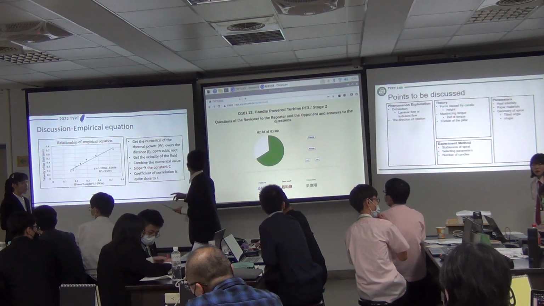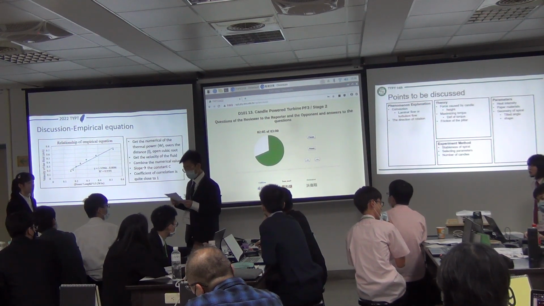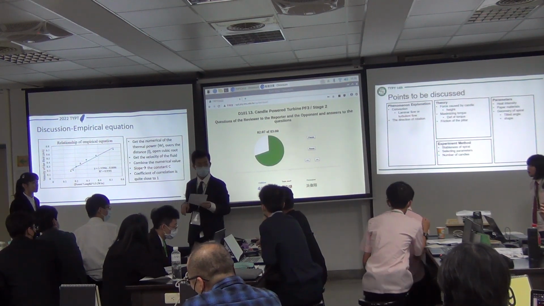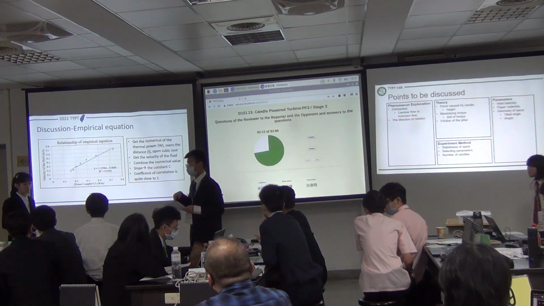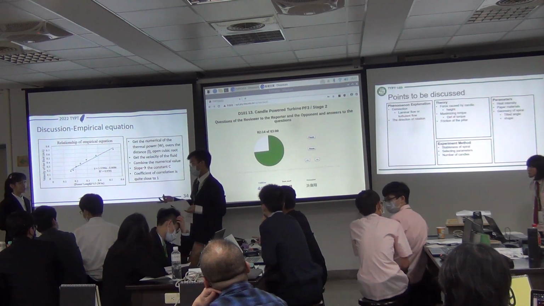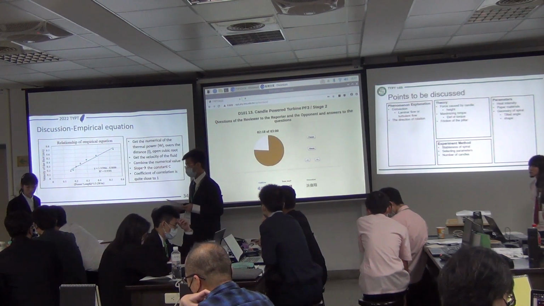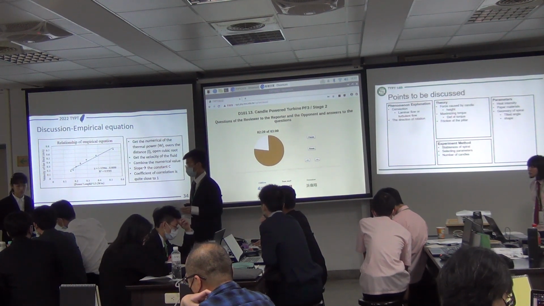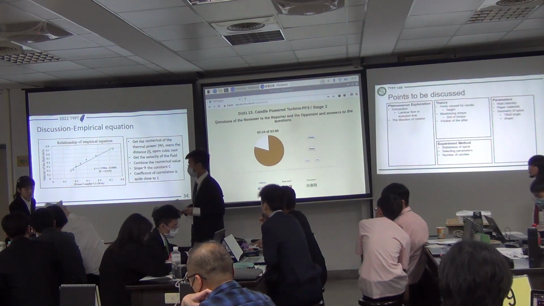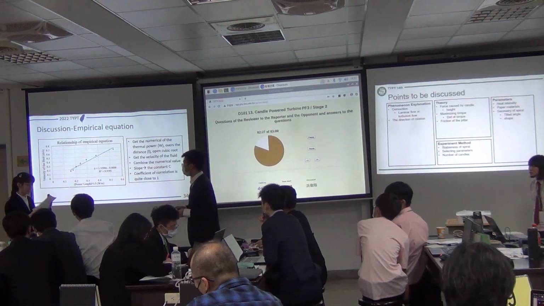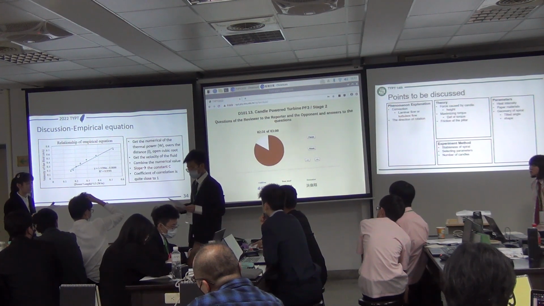And is there any way to change the spiral diameter without changing the mass? Can you think of probably one way? Okay.